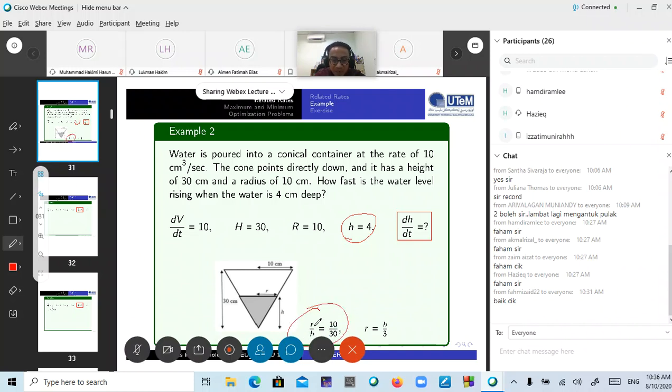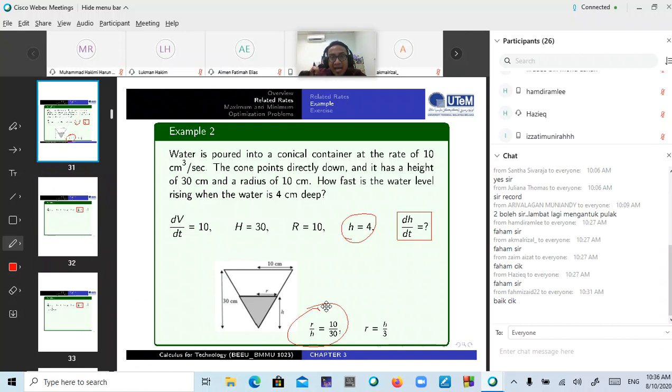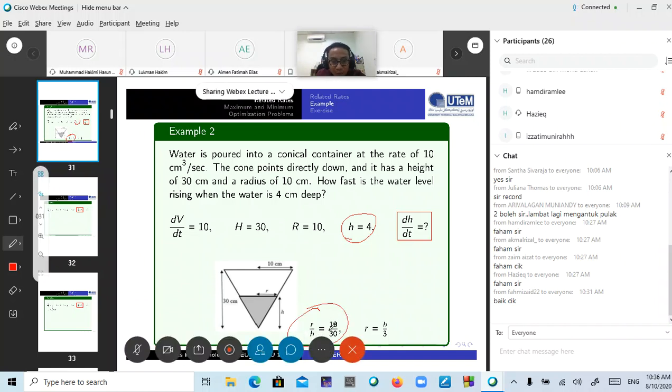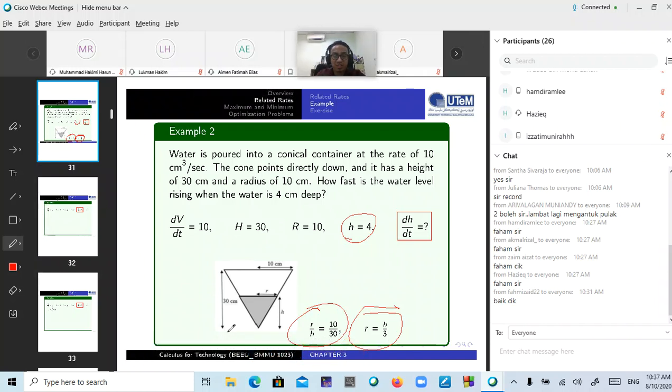R over hash, radius of the water, and then over height of the water, equal to radius of the container over height of the container. Awak simplify benda ni dulu, awak akan dapat R equal to hash over 3. Okay. This information is important because you want to substitute the question.